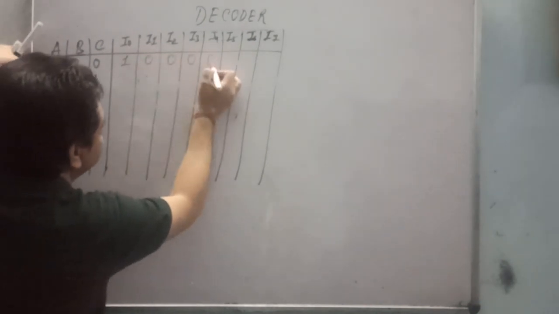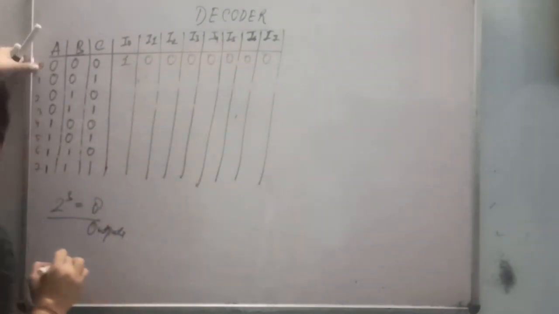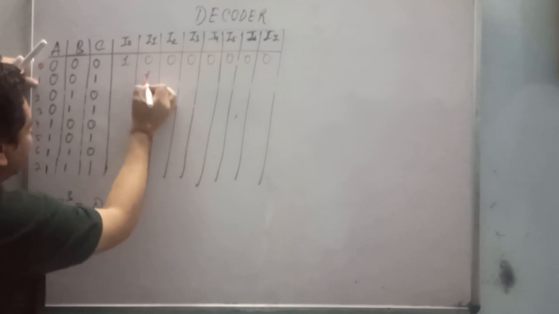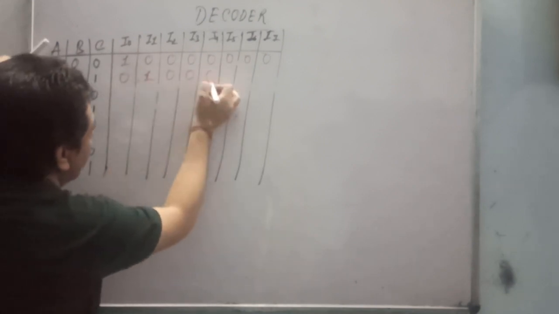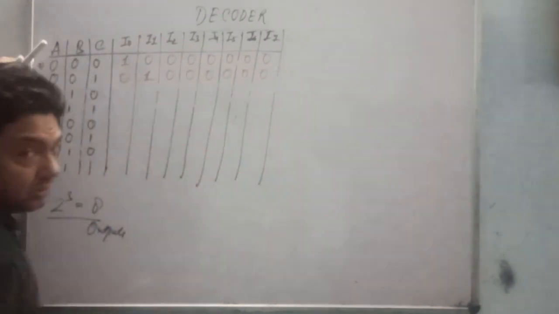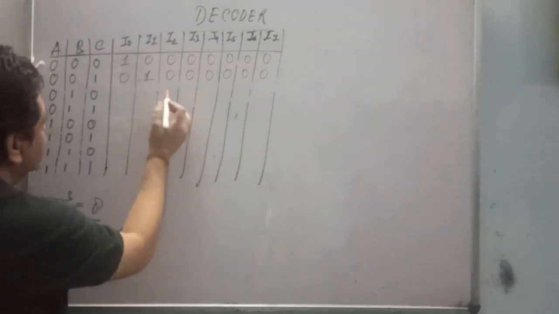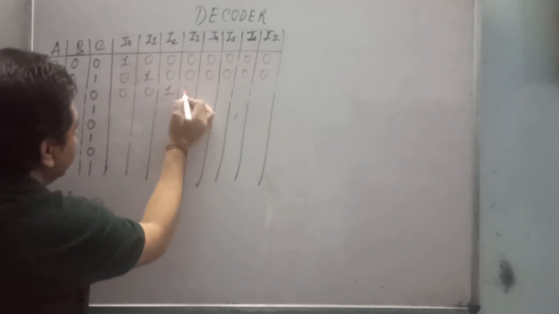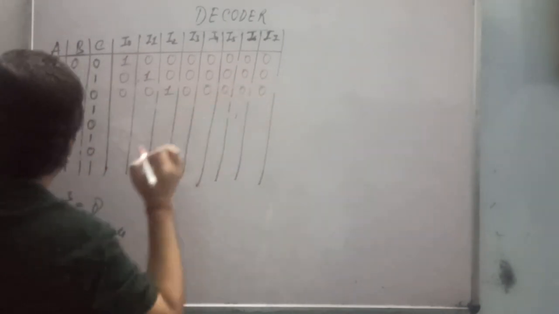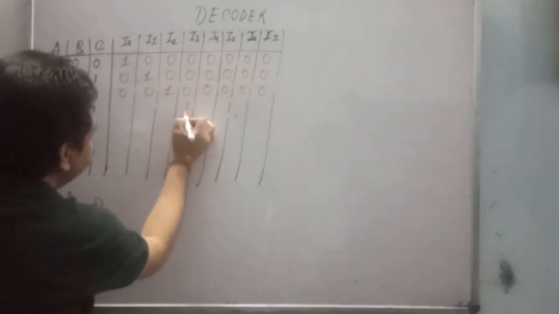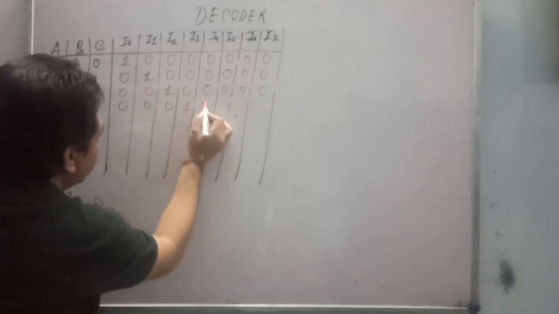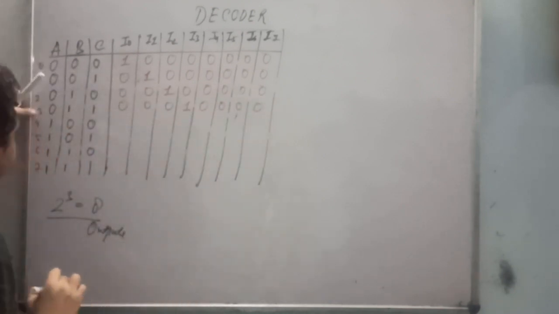Remaining will be deactivated. 1 means I1 will be activated and rest of all the bits will be set as 0. Okay. Here's 2. 1 second. 3 means I3 will be activated and remaining will be set as 0.